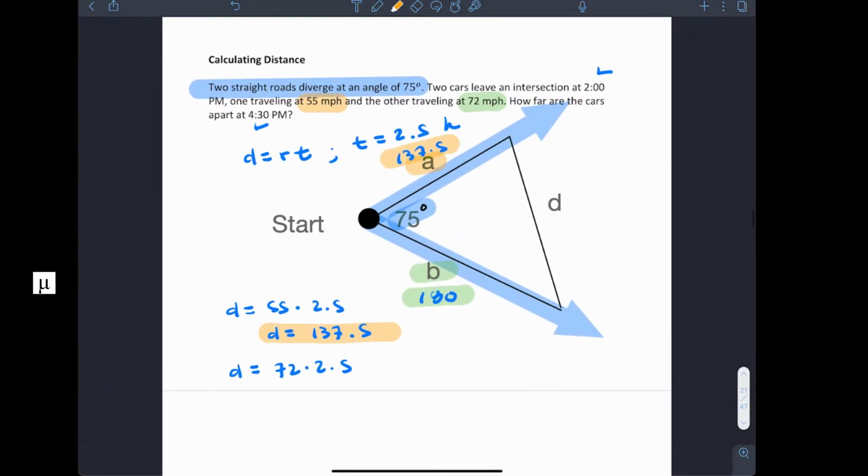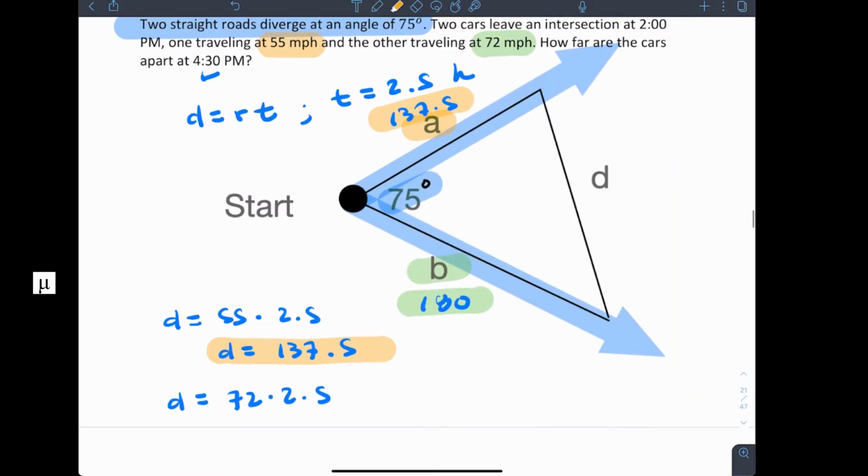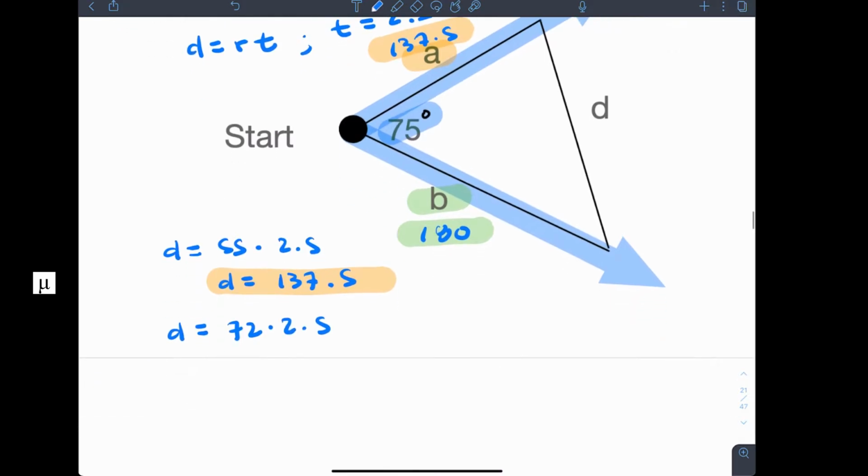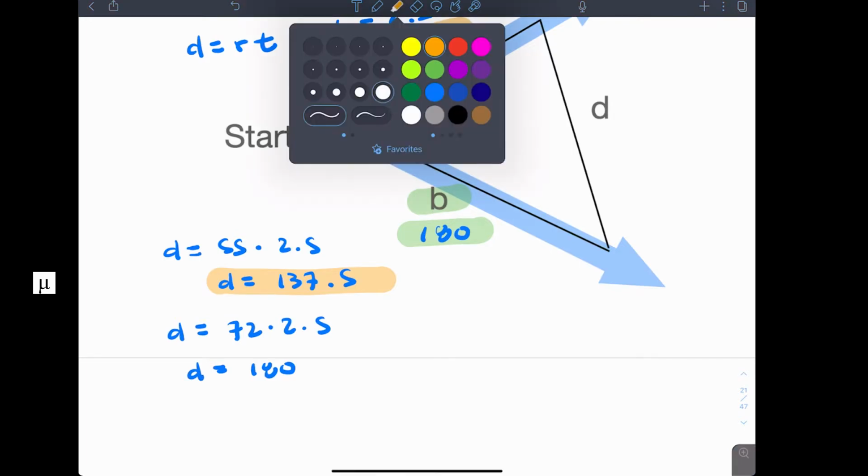Okay, you guys with me on this? So those are the values of A and B. Those are distance questions. Okay, so you're going to have to get that. Distance is rate times time.